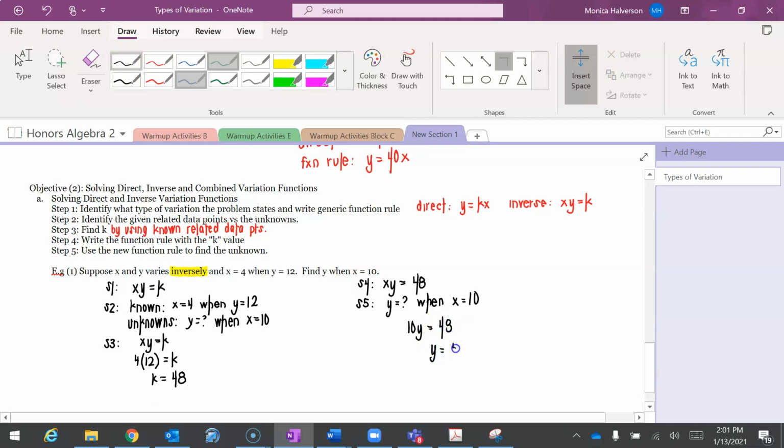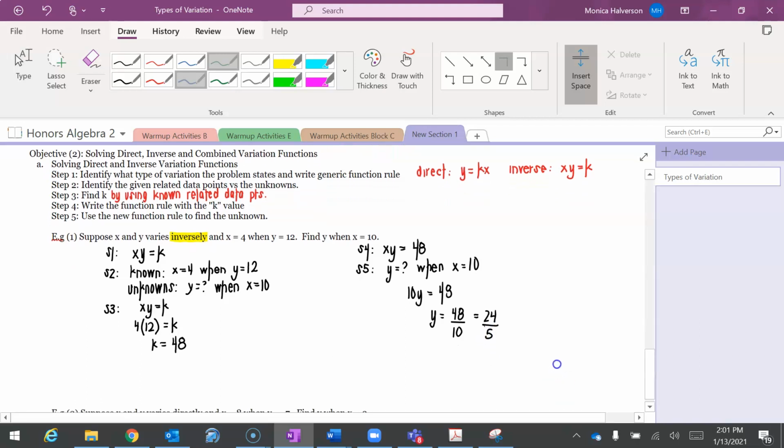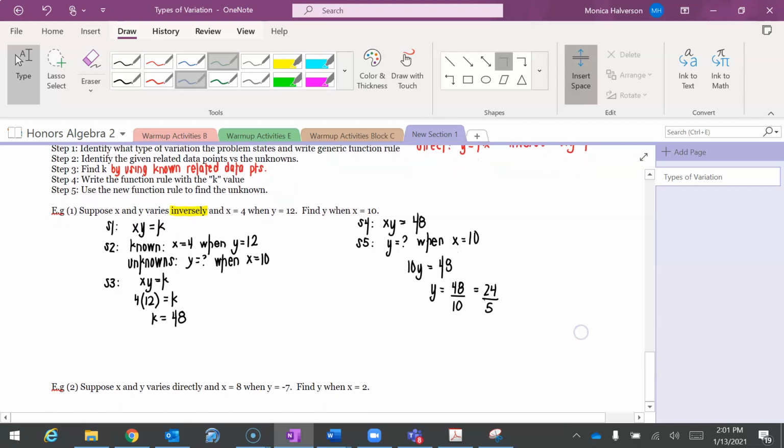So y is going to equal 48 divided by 10, which we can simplify into 24 over 5. All right, so I'd like you to use these steps to solve the next one on your own.